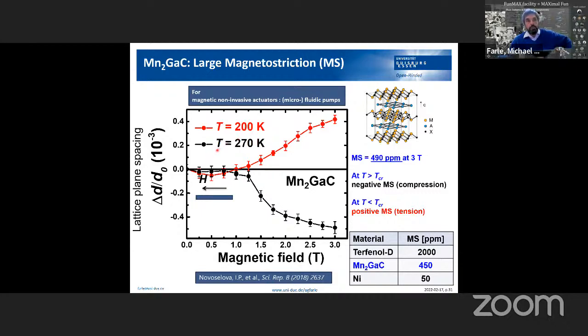Now, when we switch the temperature to 270 Kelvin, we still see this negative magnetostriction, but weaker. And in larger fields, the magnetostriction is now negative, not positive anymore.